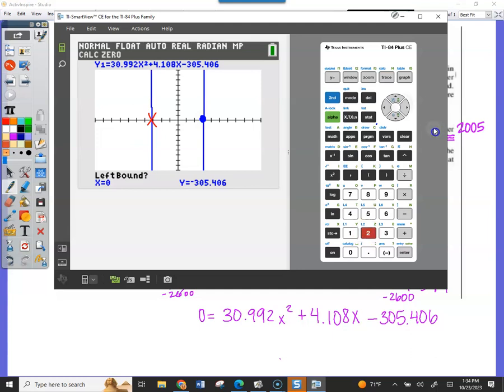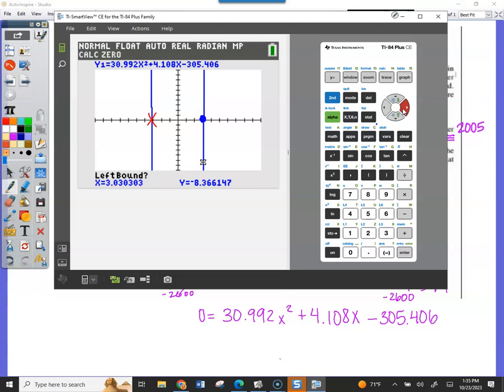Then I've got to find my cursor. Let's just start arrowing. Look where my cursor is. It's at 1, -266. If I hit my arrow, I'm watching that number get closer to 0. So I'm just going to keep hitting it. There it is. See that?